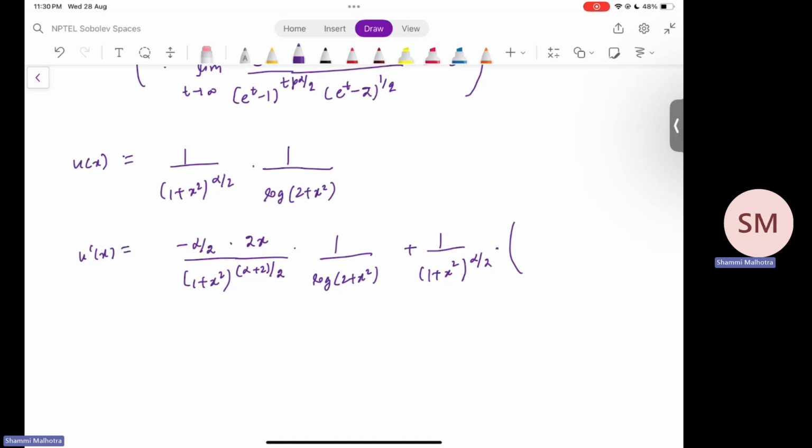So this is minus 1 upon (2 plus x square) into 2x, whole divided by (log(2 plus x square)) whole square.